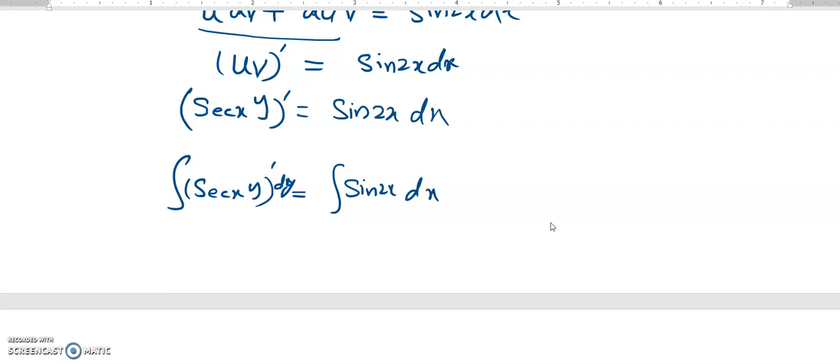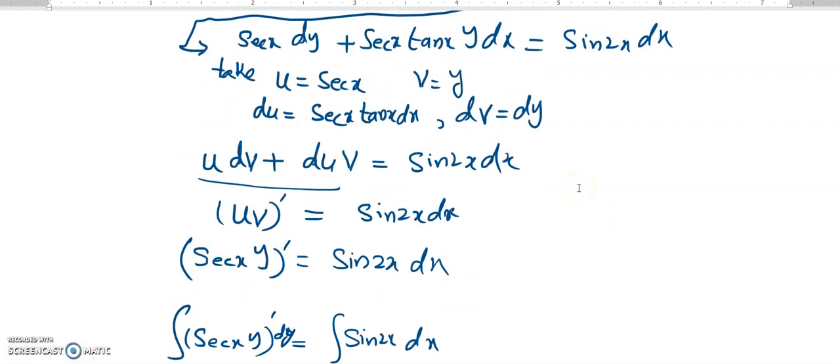Yeah, I think it should be sine 2x over cosine x, because when we multiplied it, here it should be secant x, or 1 over cosine x.